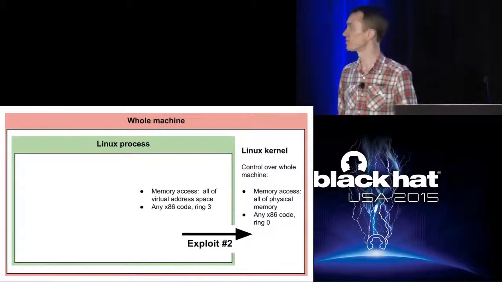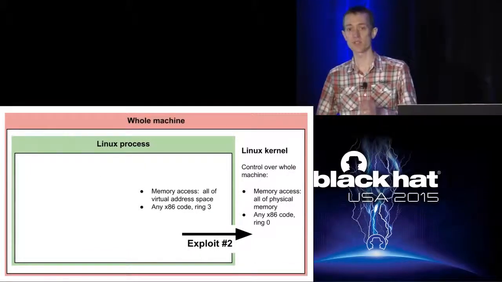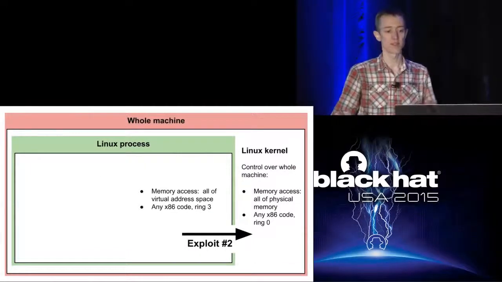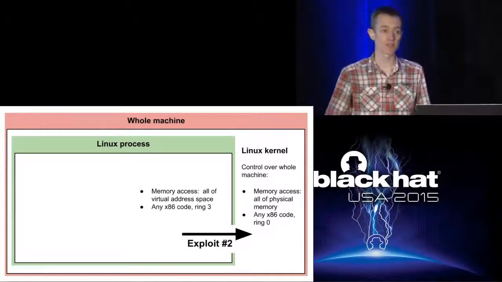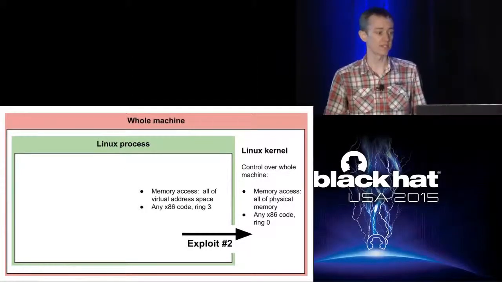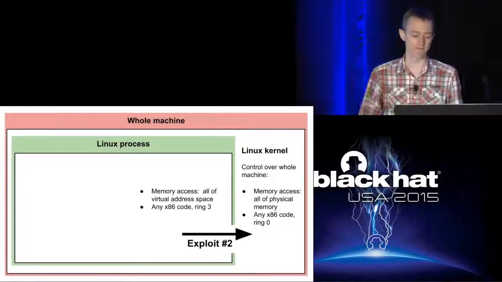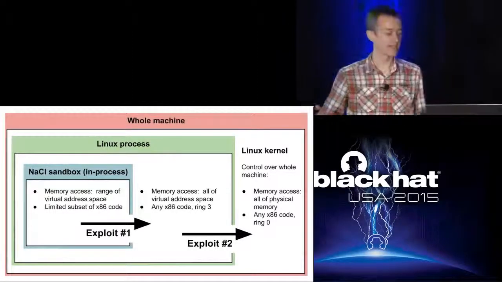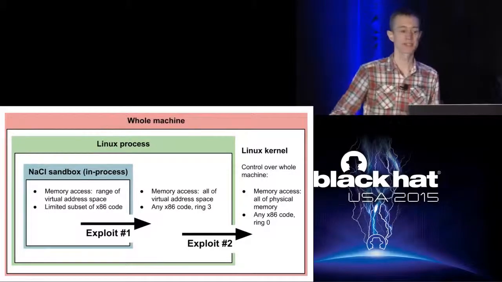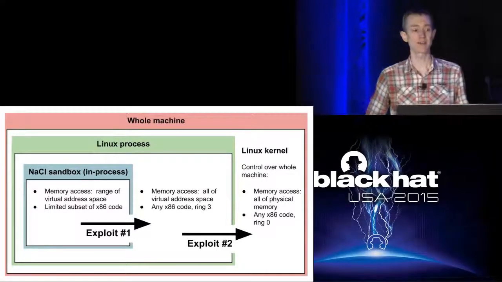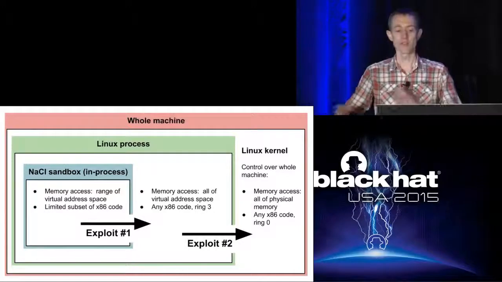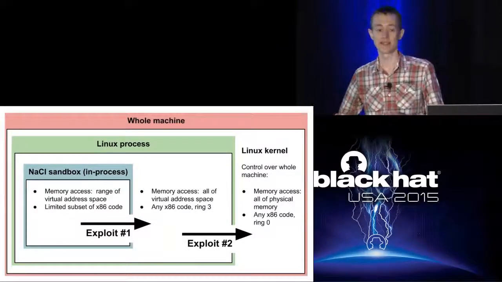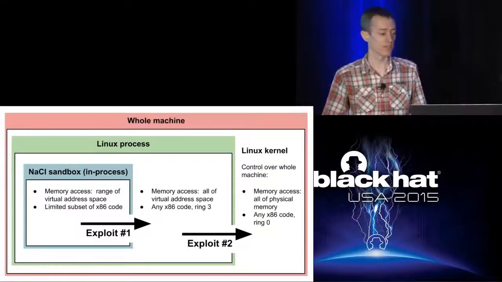And the second exploit is a root exploit, which starts out running in a normal process on Linux, but can break out of that process and gain kernel privileges and control over the whole machine. So in principle, those 2 exploits could be chained together, although I've not actually tried that. So you could start off with a native client application running in Chrome, and it could escalate to gain control over the whole machine.